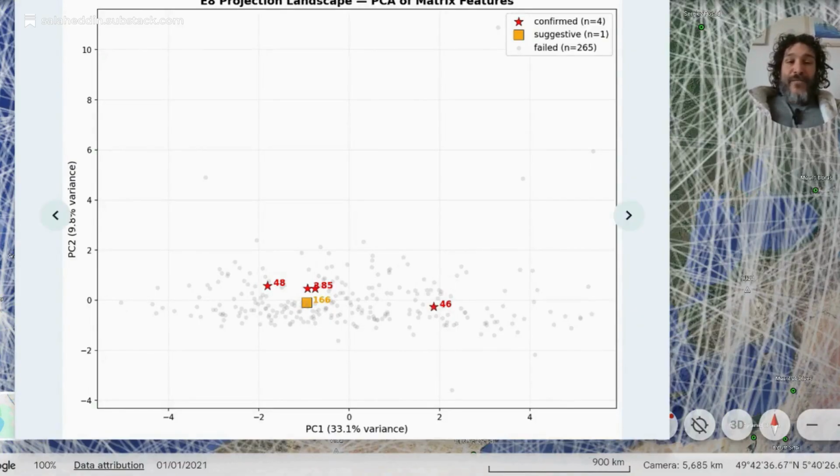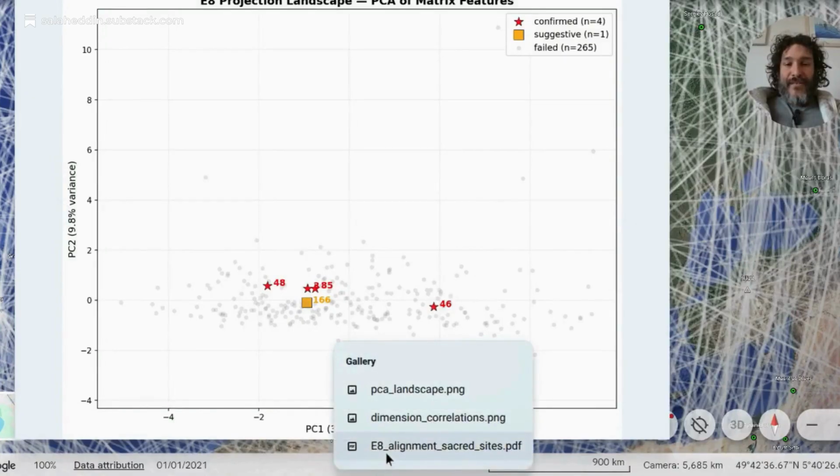If you want a bit more information on what I've just presented, I am posting, maybe today, the 16th of March, my paper on the E8 lattice alignment with circuit sites. That's the PDF here.